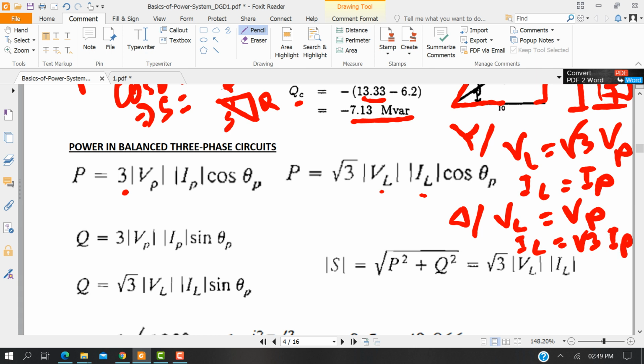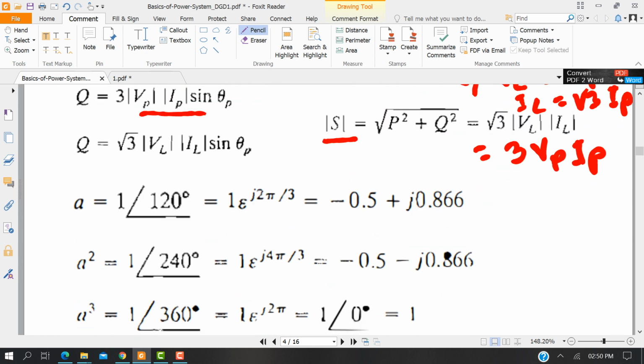So if I put the value of VP and IP over here, we'll get this result whatever the connection. And in the reactive case this is 3 VI sin theta, and similarly the line values can be written as this, and for apparent power it is similar: root 3 VI for line values, and for phase value it is 3 VI. That's all similar. So it's for three-phase circuit.